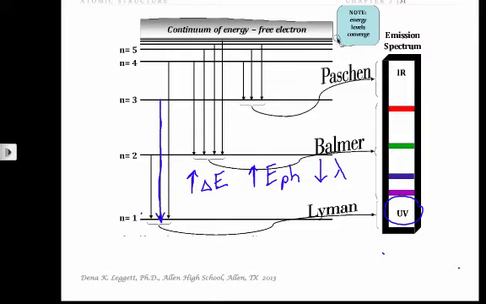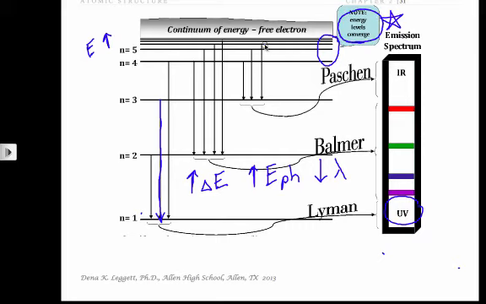Now, do you notice as we go up in n value, the difference in energy, remember energy is on this y-axis here, gets smaller and smaller and smaller. You need to understand that concept. The energy levels are said to converge.